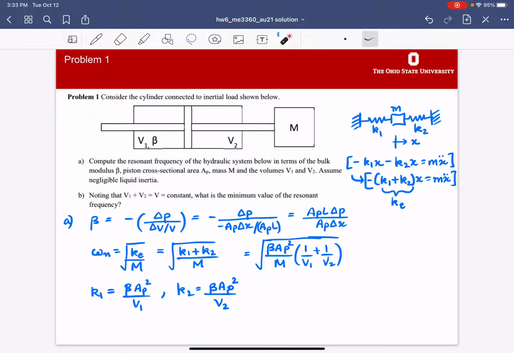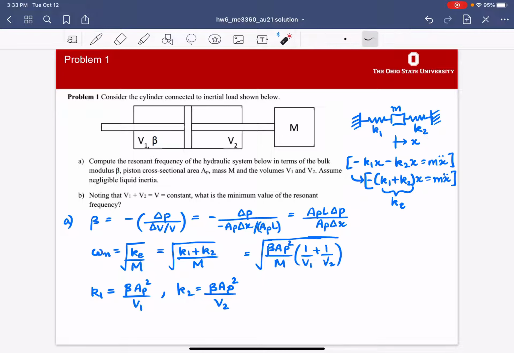But in this system we don't have any dampers, so since this is 0, this entire term goes to 0, and then it's multiplying with just root 1, which is just the natural frequency.